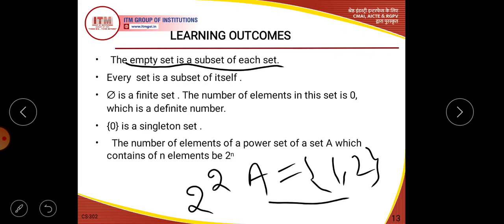So we get 2 to the power 2, which is equal to 4. So the power set has 4 subsets. The first one is phi, the second is {1}, the third is {2}, and at last {1, 2}, because every set is a subset of itself. So we have 4 subsets in the power set of A.